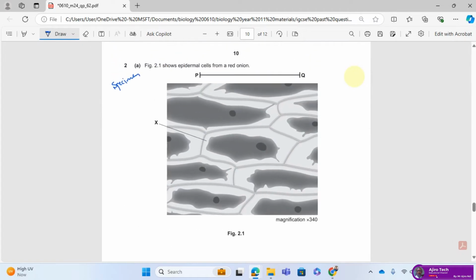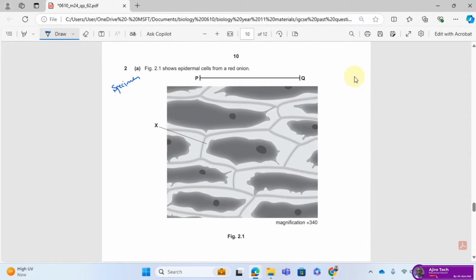Now, when they ask us to draw, there are certain things that our drawing must entail to get our marks. Number one, your drawing must be larger than the original one given. It should be larger than what you are given. Number two, the outline: use a single continuous line, no shading at all. You don't shade.